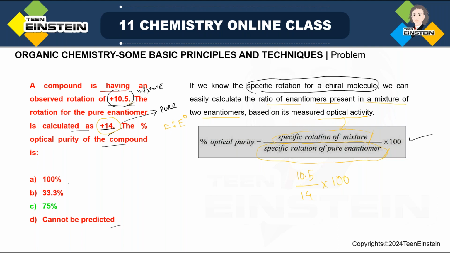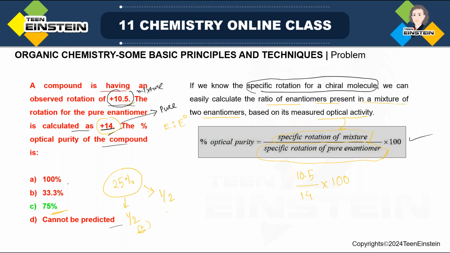So in this way we can solve this problem. 75% optical purity means what? Out of 100, only 75% is the major enantiomer, and the remaining 25%, half of it is R and the other half is S, or if one is plus, the other is minus. I'm saying this arbitrarily because there is no direct correlation between R and S and plus and minus.